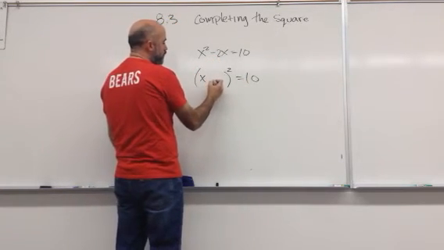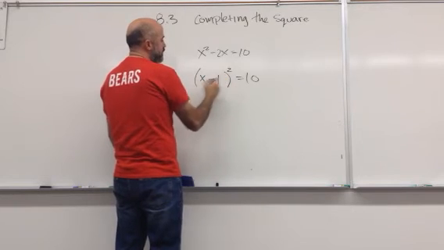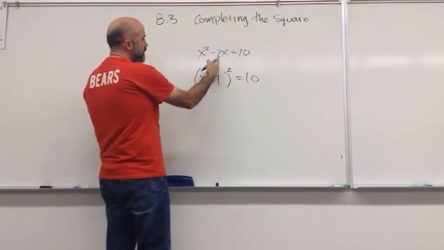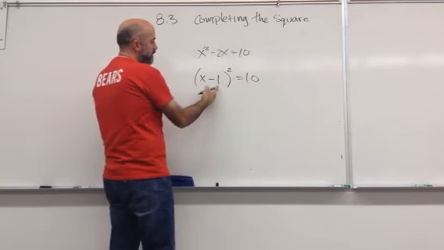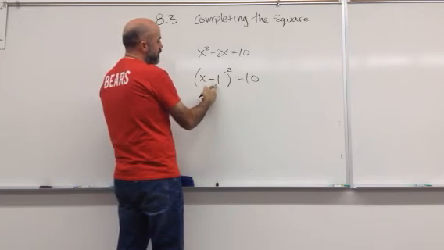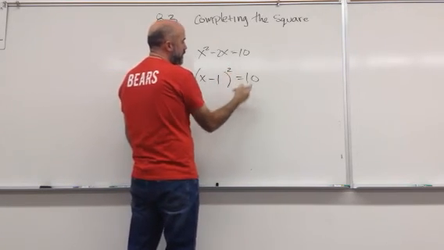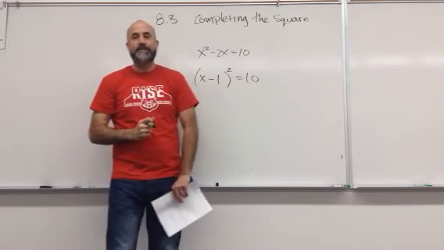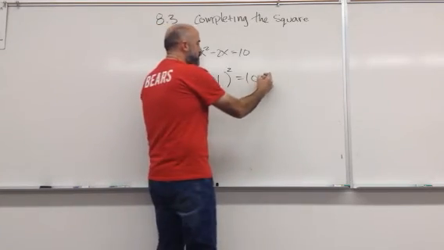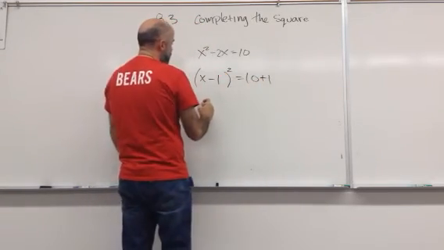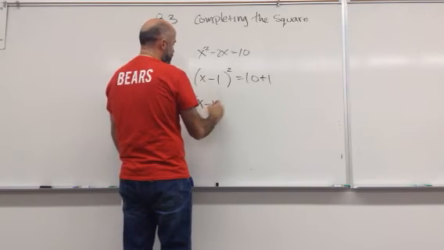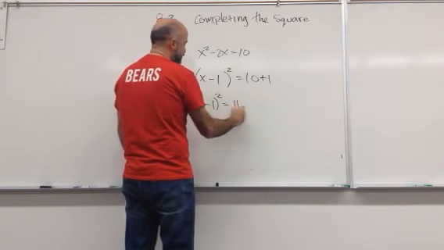Negative 2 divided by 2 is negative 1. I need to do negative 1 squared. Negative 1 times negative 1 is positive 1. X minus 1 squared equals 11.